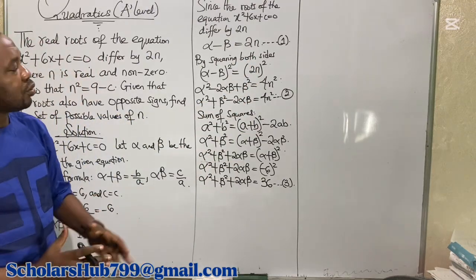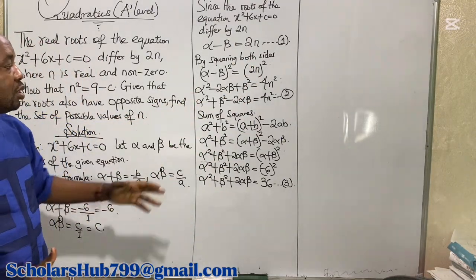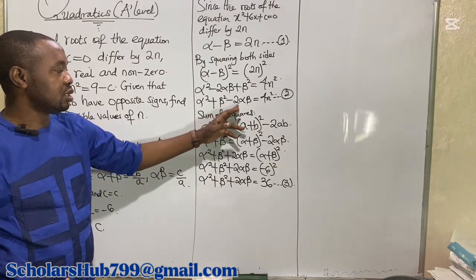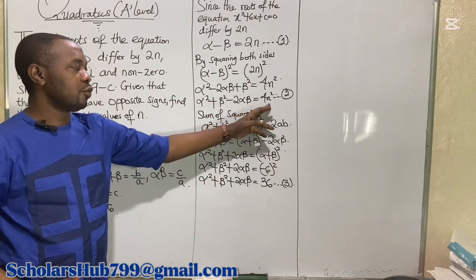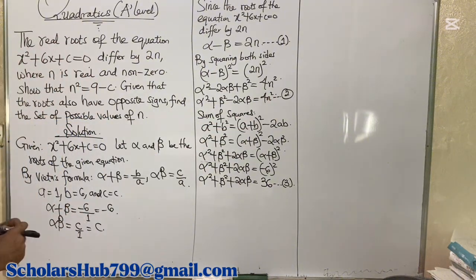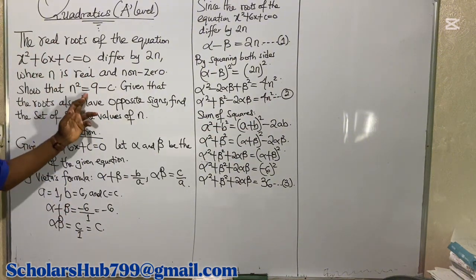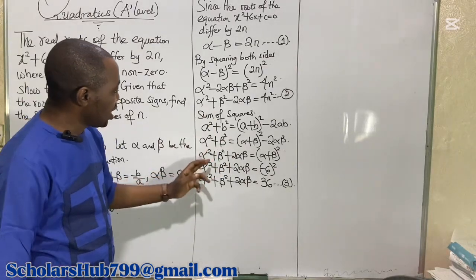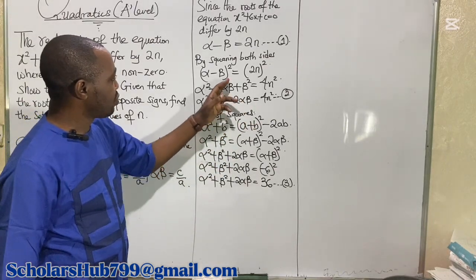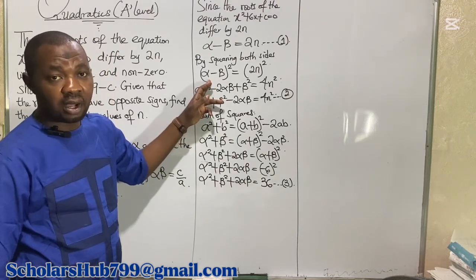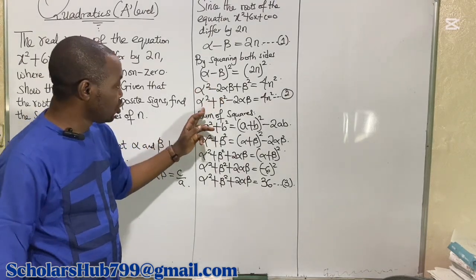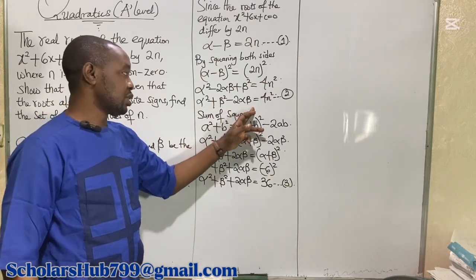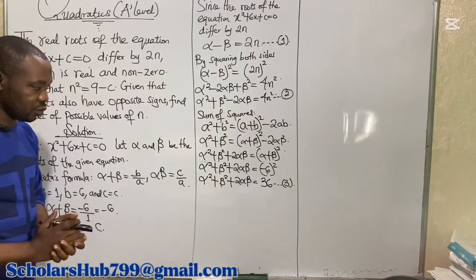Now the second equation, after squaring both sides, we're going to obtain alpha squared plus beta squared minus 2 alpha beta equals 4n squared. Don't forget that we want to show why n squared is equal to 9 minus c. So by the time we expand the difference between alpha and beta, we obtain alpha squared plus beta squared minus 2 alpha beta equals 4n squared, and that's equation 2.